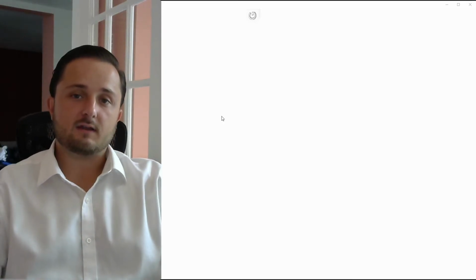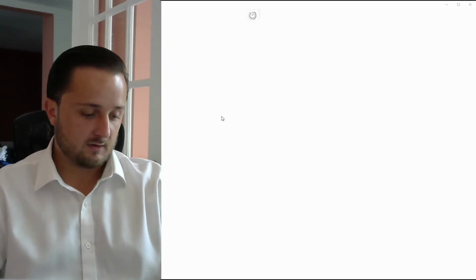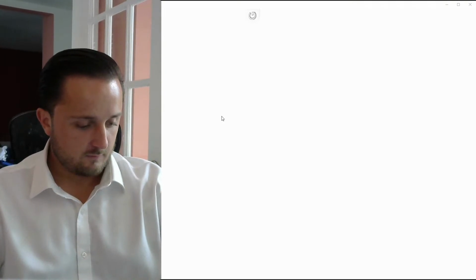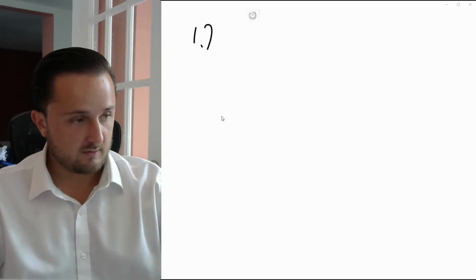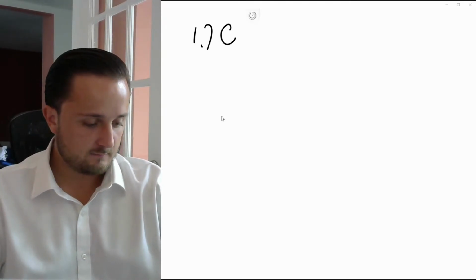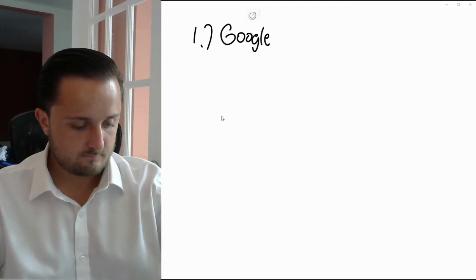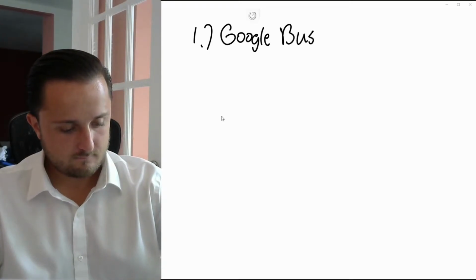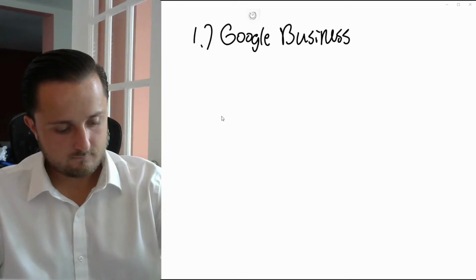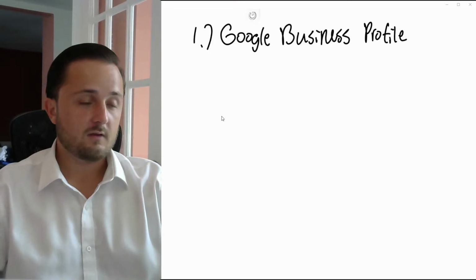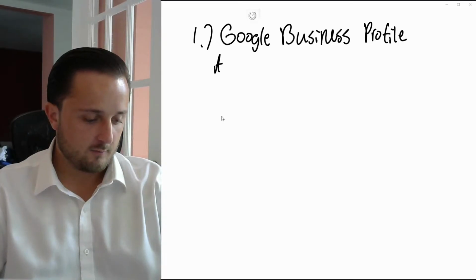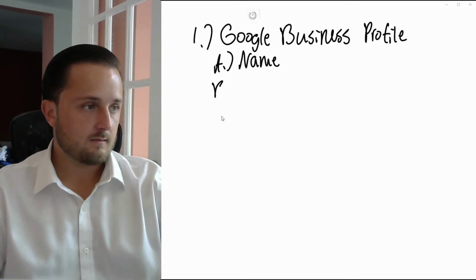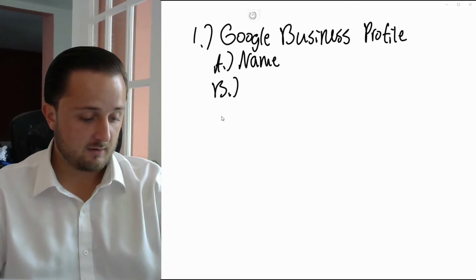This is how I would rank a vehicle wrapping company. First things first, we're going to start off with the Google Business Profile. For the Google Business Profile, we're going to go over the name. We're going to go over the primary category.